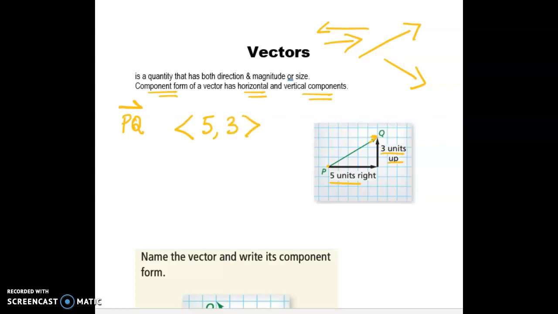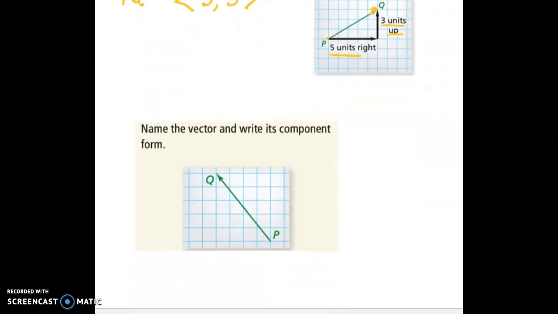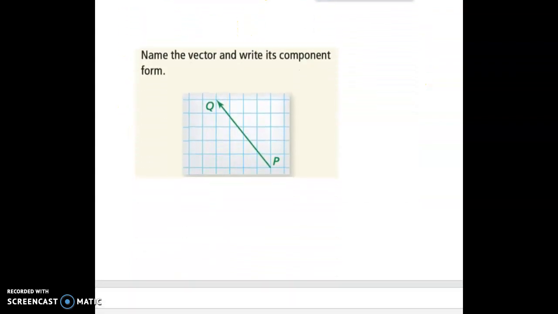Okay, let's try one more question. Name the vector and write its component form. What is the name of the vector? That means in which direction it is going. Vector PQ, because it is going towards Q. Now, what is the horizontal component? It is going towards the left.